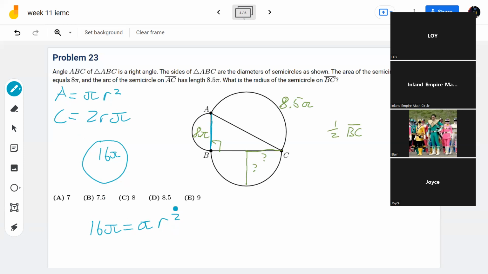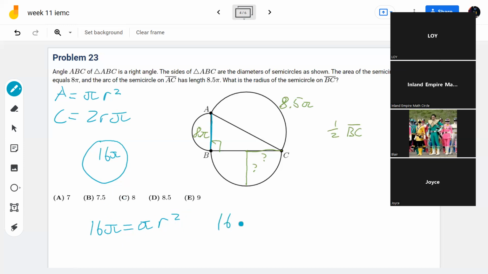Have you guys learned basic algebra, like solving for x? Or I can just go over that real quick. Okay, so I'll go over solving for the radius here. First of all, don't worry too much about pi. If pi seems scary, you can just replace it with a different variable for now.